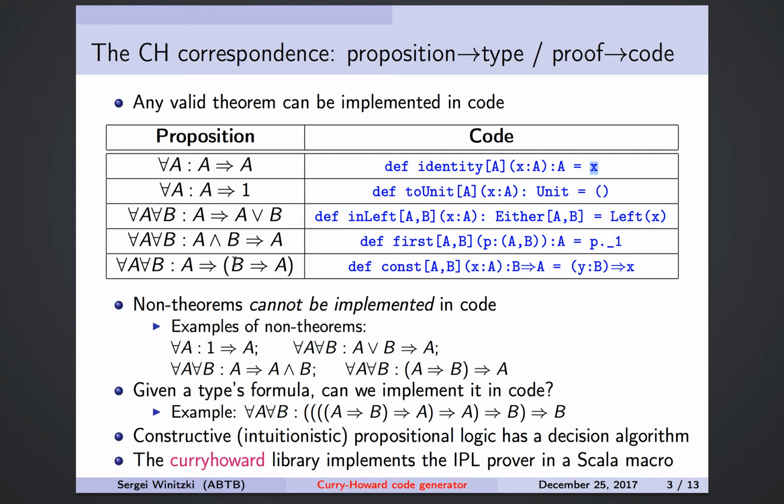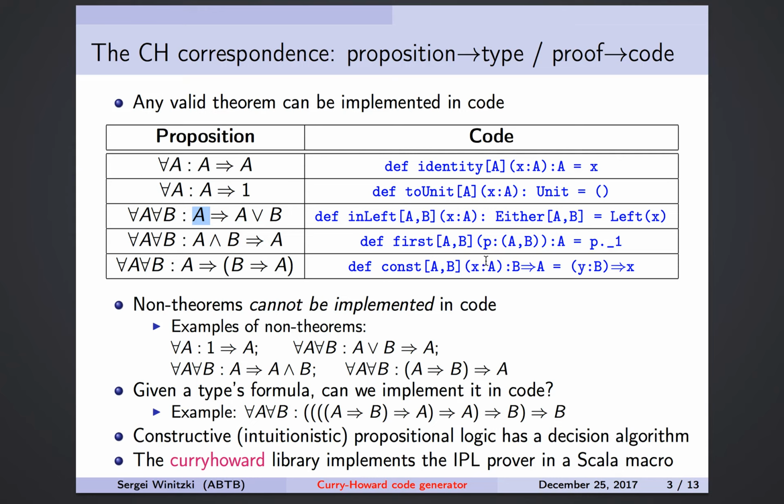And similarly for all others. For example, here we produce a true proposition, and here we just produce the unit value, ignoring this x. Here we take A and produce a disjunction of either A or B. Similarly here, we take an x of type A and produce the left part of Either.